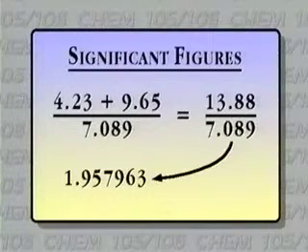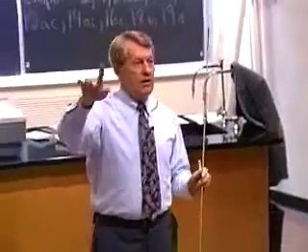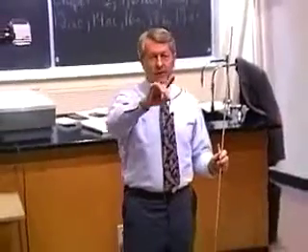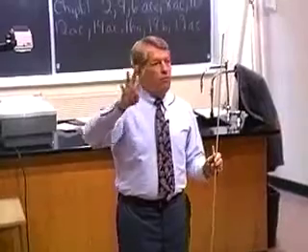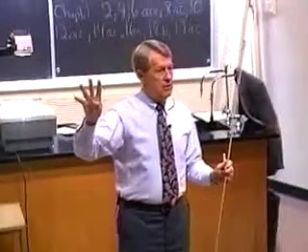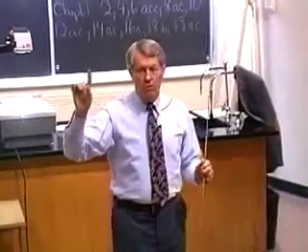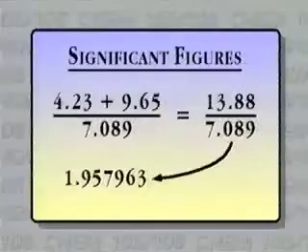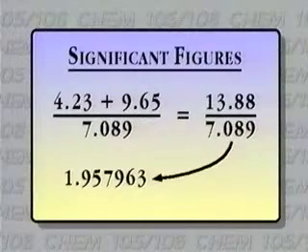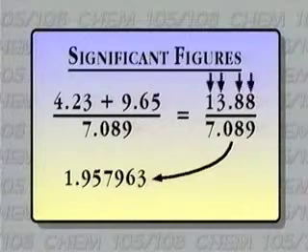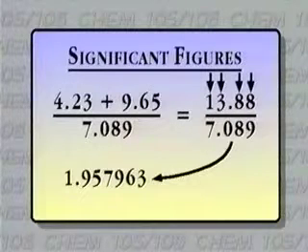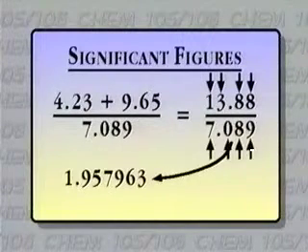I see somebody signaling 4. And I'll get to your question in a second in the back. Okay? 4 is correct. Notice that when we're doing the division, how many significant figures are in the number at the top? 4. How many in the number on the bottom? 4. We're justified in 4.